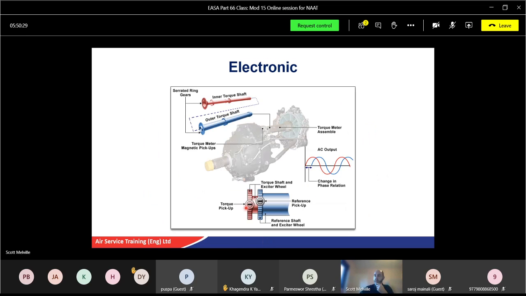Basically, there's your sensors you pick up on your tubes. You'll have, as it's sat in there, the torque meter assembly. Okay, so there's your propeller. There's your gearbox. There's the torque tube. So you've got an outer torque tube and an inner one. Okay, so as one's free to rotate, the outer torque tube.